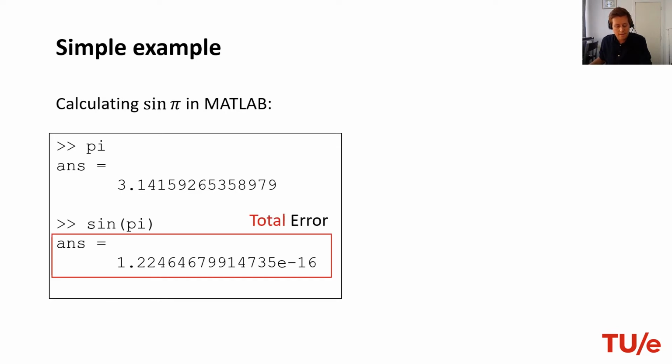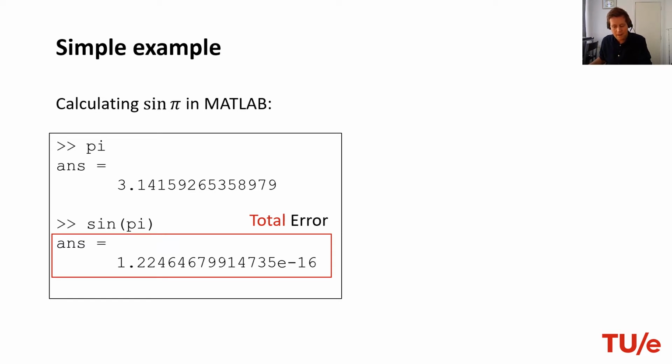So in this case, we know the true solution, which is 0, and we see that the numerical solution is 1.2 times 10 to the power minus 16, so the total error is equal to this.